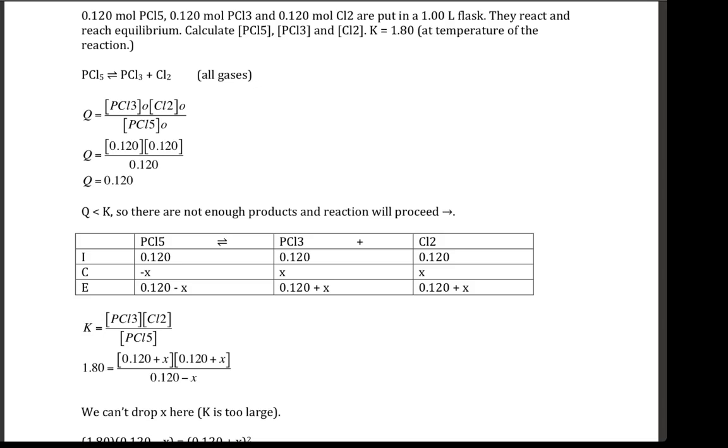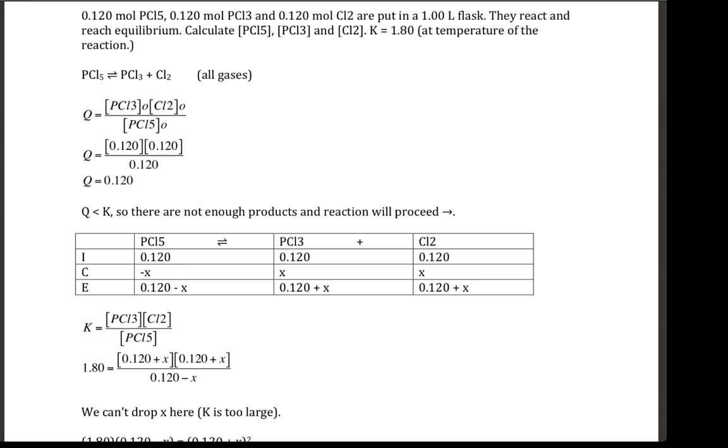They react and reach equilibrium. Calculate the concentrations of everything at equilibrium where K is 1.80. So our equilibrium reaction is PCl5 in equilibrium with PCl3 plus Cl2. They're all gases.